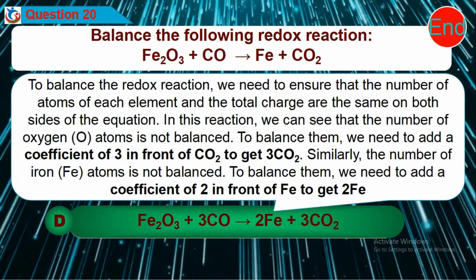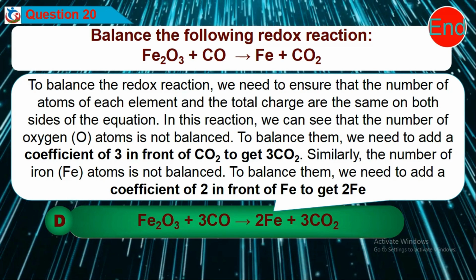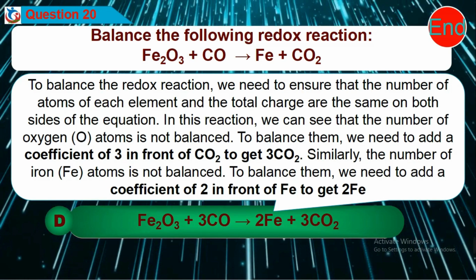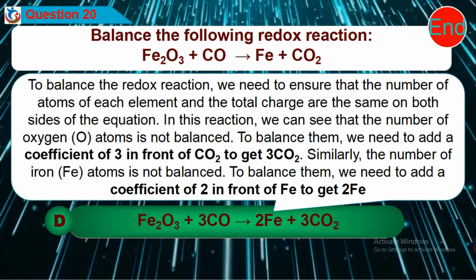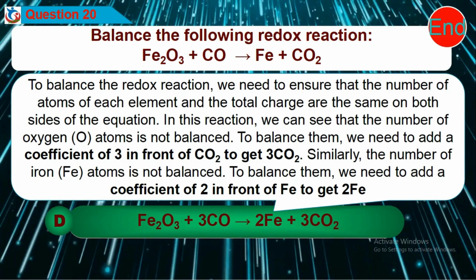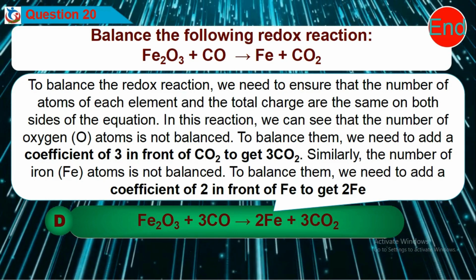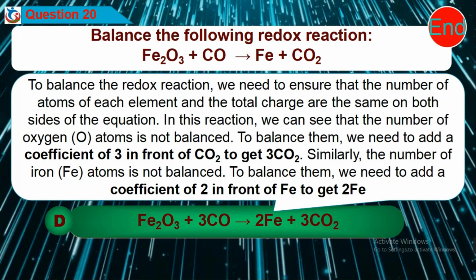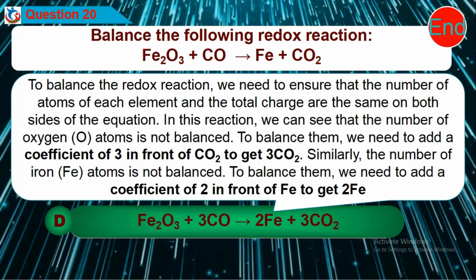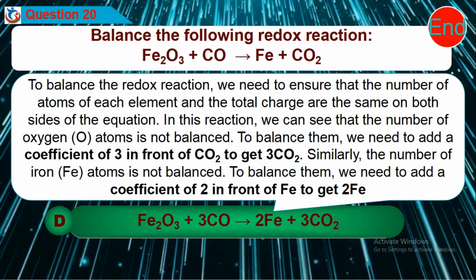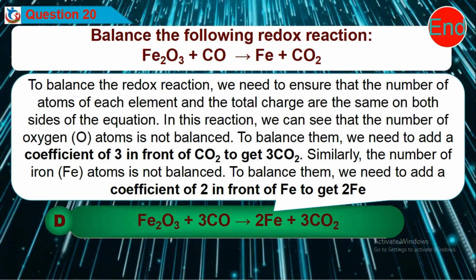In this reaction, we can see that the number of oxygen atoms is not balanced. So to balance this, we need to add the coefficient of 3 in front of carbon dioxide to get 3CO2. Similarly, the number of iron atoms is not balanced. So to balance this as well, we need to add the coefficient of 2 in front of iron to get 2Fe.